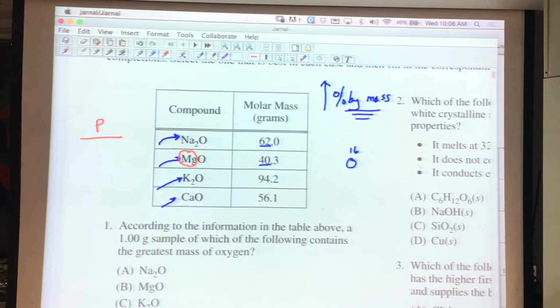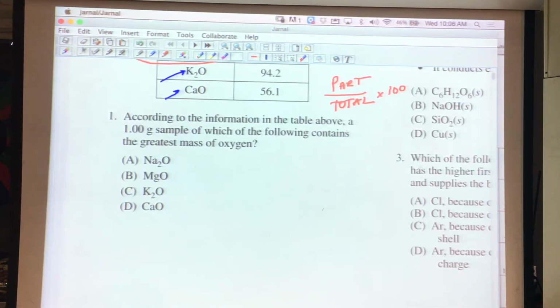Percent is part over total times 100, okay? So if I've got a smaller total, then I'm going to have a greater percentage if the 16 is above, right? It's going to be 16 over a smaller total, right? For those that don't get what I'm talking about, part over total times 100. So my friends in chemistry, if I've got a smaller total, they all have the same amount of oxygen, so this would be 16 over small total, which would give me the greatest percent by mass.